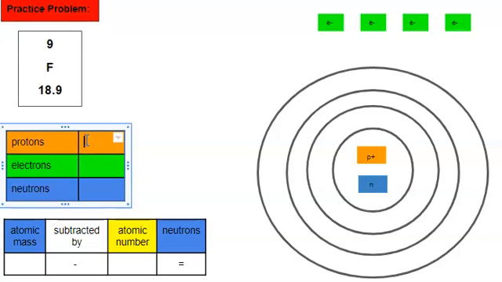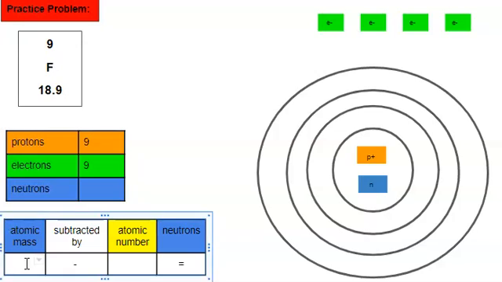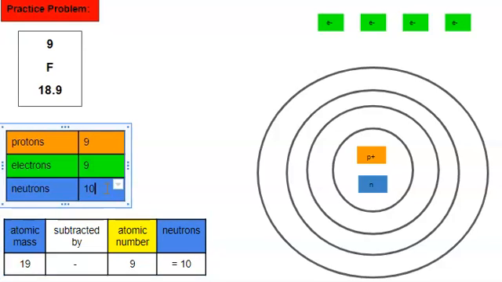Fluorine. Fluorine has 9 protons, 9 electrons, and our mass was 18.9, which rounds to 19, minus 9 gives us 10 neutrons. Put that in our neutron box. And our protons we know are 9.